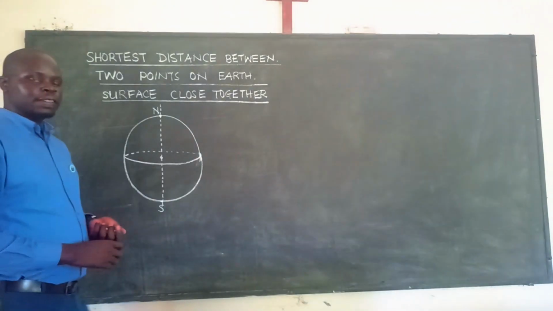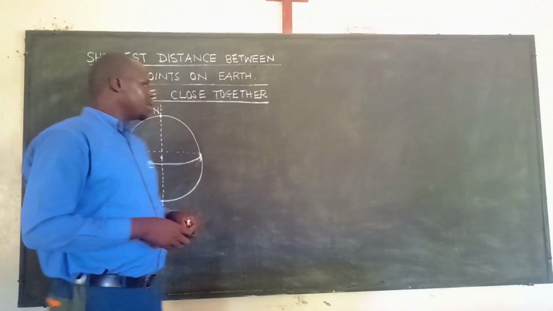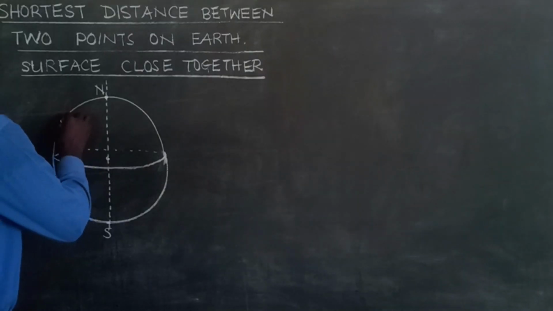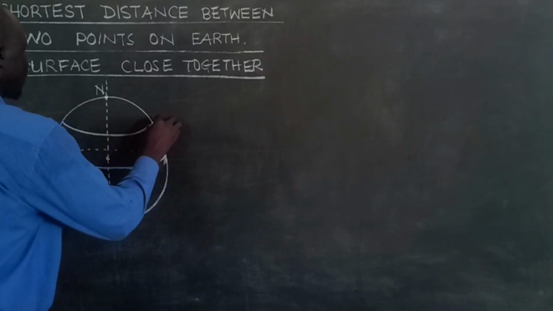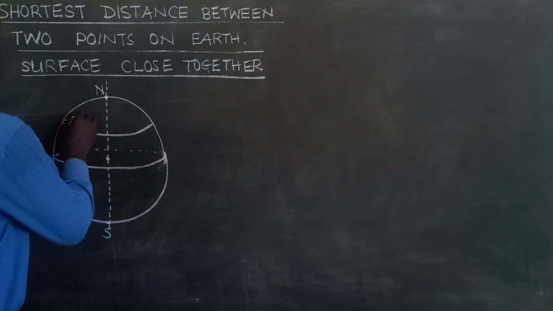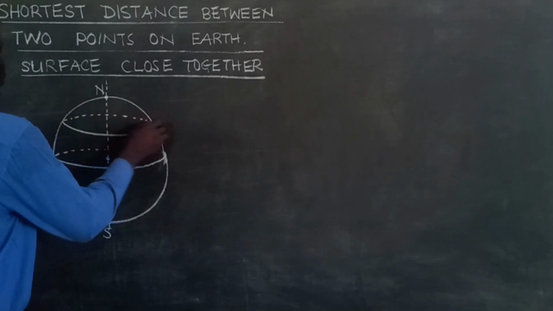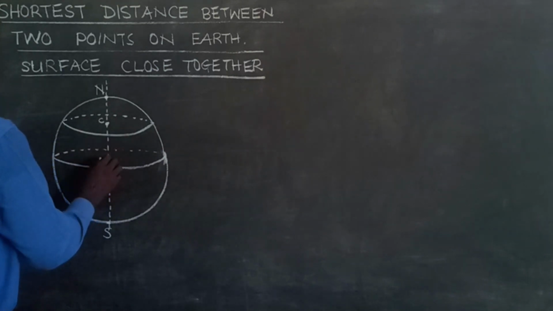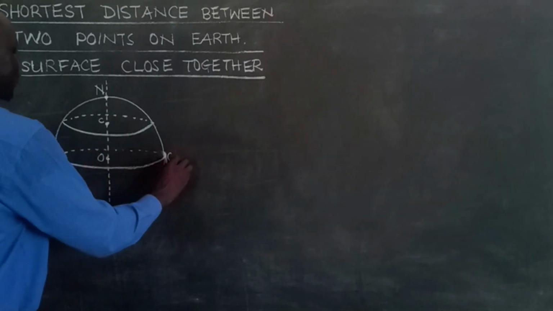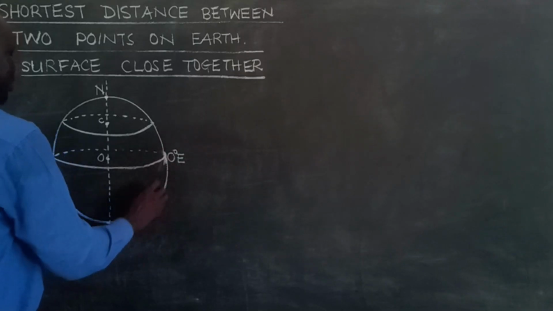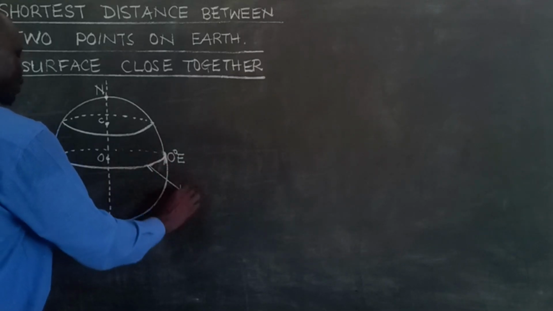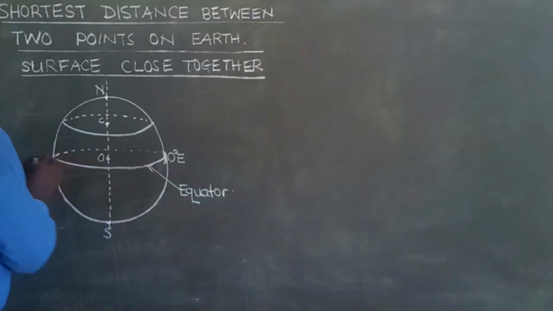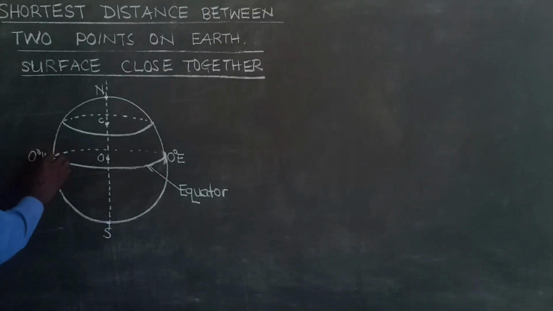We can take a certain latitude, maybe in the northern hemisphere. For instance, if this is what we have taken to be the latitude and it goes across to the other side, of course we know a center for this can be given there. We can call this C, as this one is O, and this is 0 degrees east, and that is the equator. We have here also 0 degrees west.